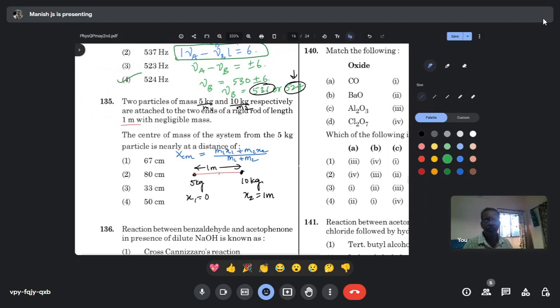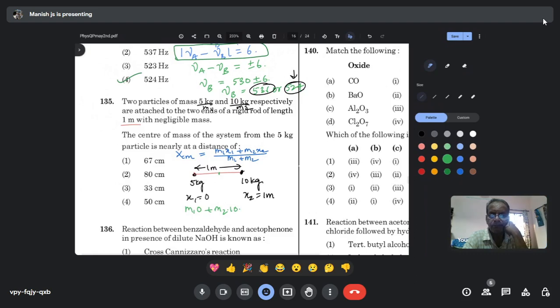So center of mass is what we are trying to find out. Now if you write the equation of center of mass considering the origin as this point, you would get M1 into x1, x1 is 0, so M1 into 0, plus M2 into the length of the rod, which is nothing but 10 into 1.